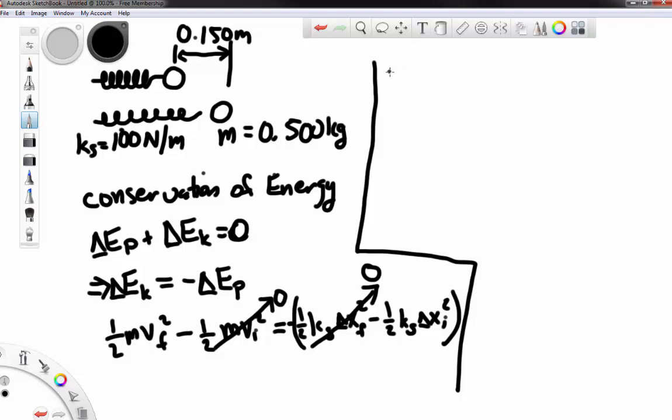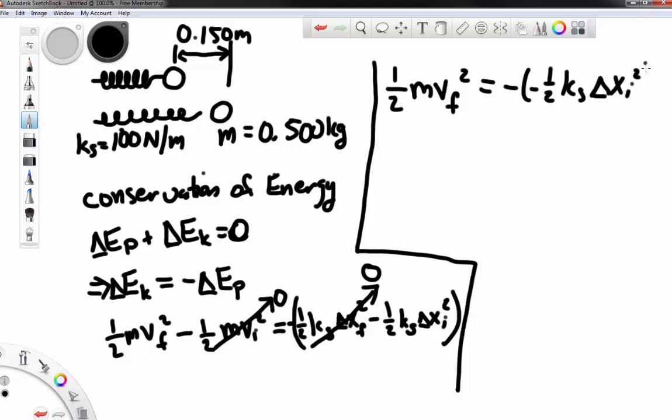So what that means is that 1/2 the mass of the ball times the final speed of the ball squared is equal to a negative of negative 1/2 times the spring constant times the initial displacement from equilibrium of the ball.